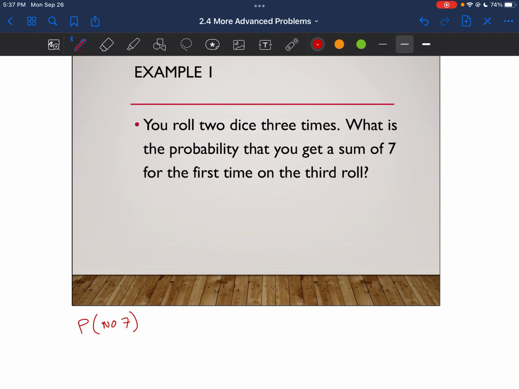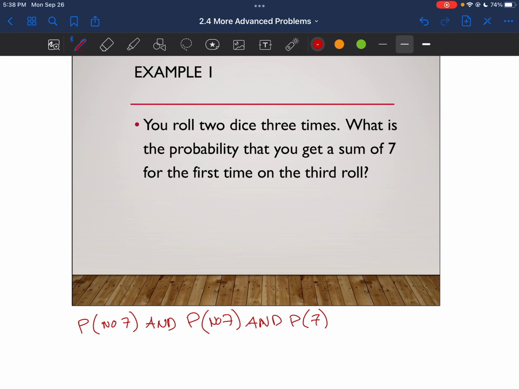So I have the probability that I'm not getting a 7, and for the second roll, the probability that I'm not getting a 7, and the probability on the 3rd roll that I am getting a 7.